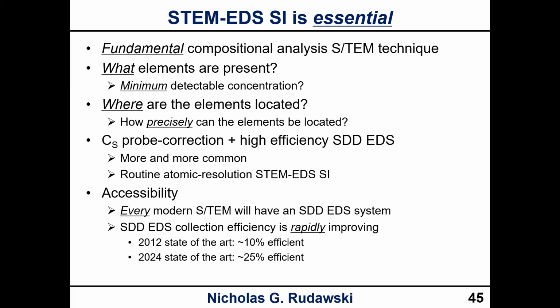For the longest time, we were dealing with collection efficiencies down around 1 or 2%, okay? Before SDDs started becoming more apparent. Okay, I think in the data I showed you that I took with the lithium-drifted silicon detector, that system was probably around a 2% collection efficiency. Okay, so we've come a long way, certainly, with this. And that's why STEM-EDS SI is essential.